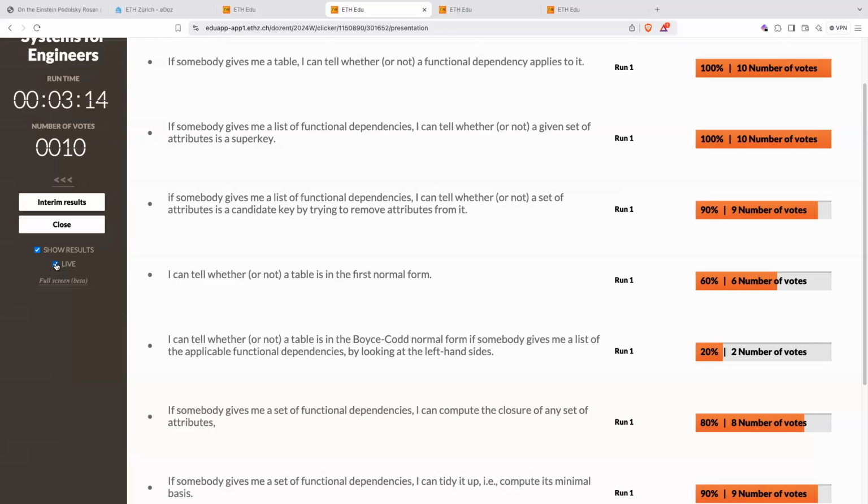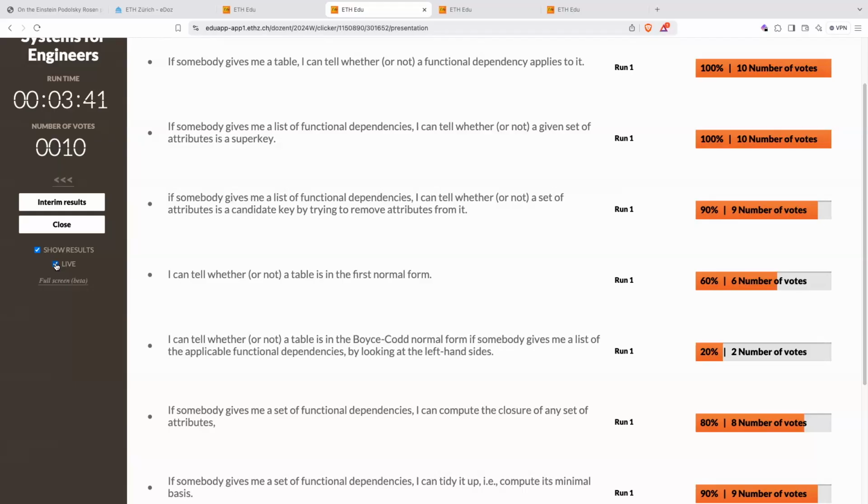You look at the non-trivial dependencies, and what should be on the left? Exactly. If you find anything that's not a super key on the left of any dependency, then it's not in the Boyce-Codd normal form. If you want to be in the Boyce-Codd normal form, everything that you find on the left of a non-trivial functional dependency should be a super key.